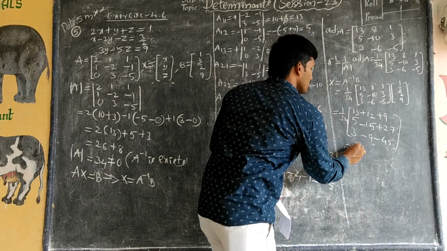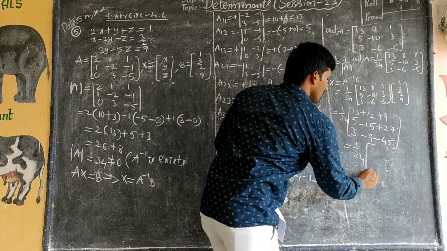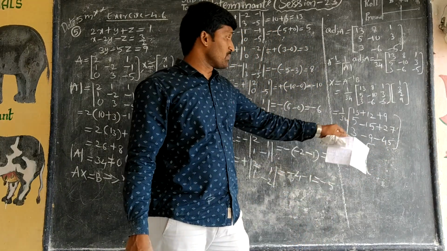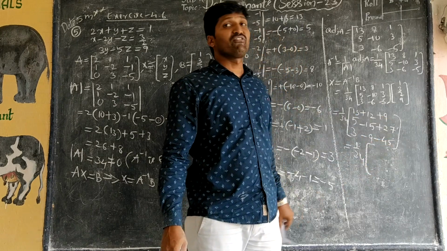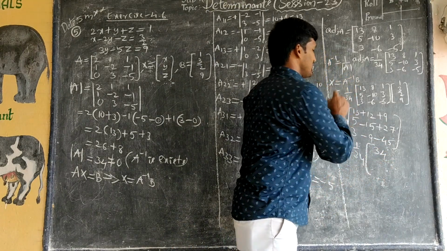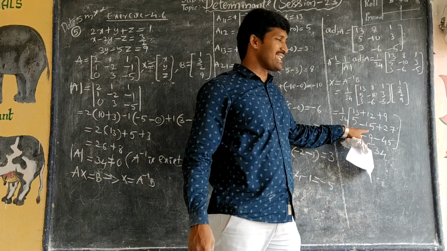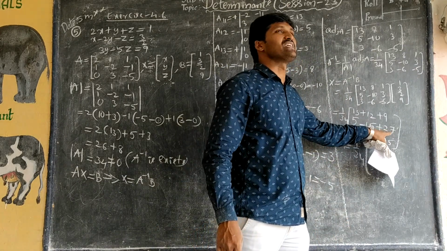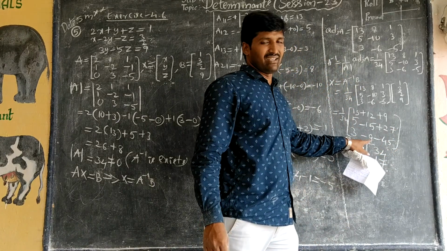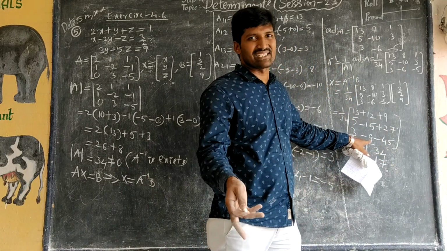By adding these values, you will get 1 by 34 into 13 plus 12, 25. 25 plus 9 clearly 34. 5 minus 15, it is minus 10. Minus 10 plus 27, how much will you get? 17. 3 minus 9, how much? Minus 6.